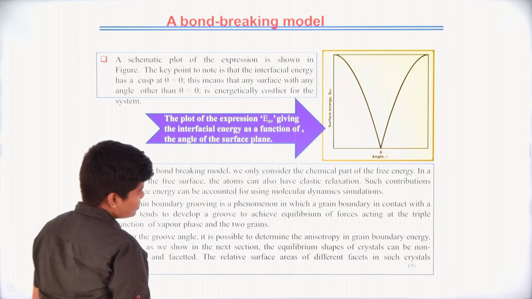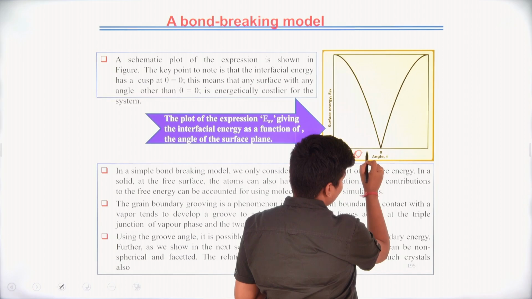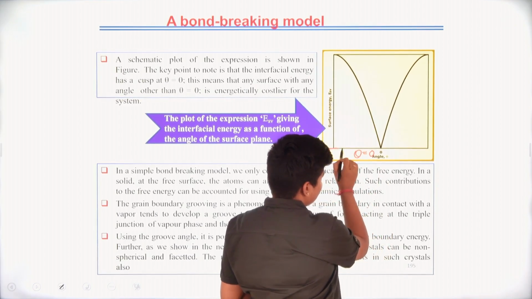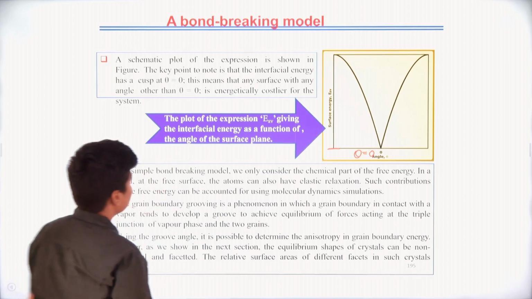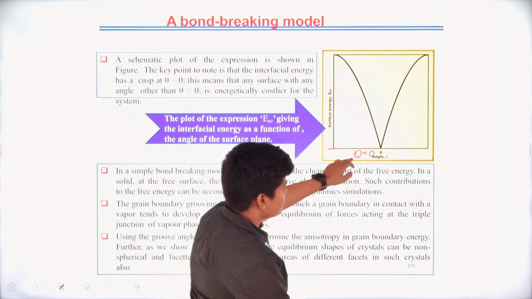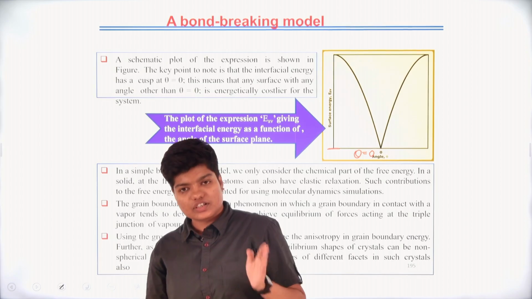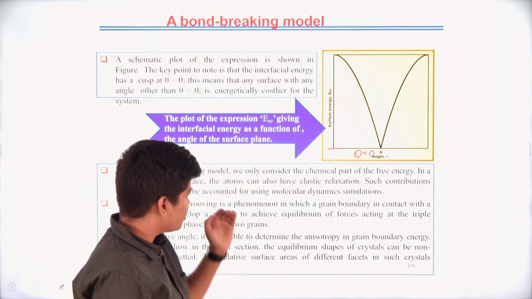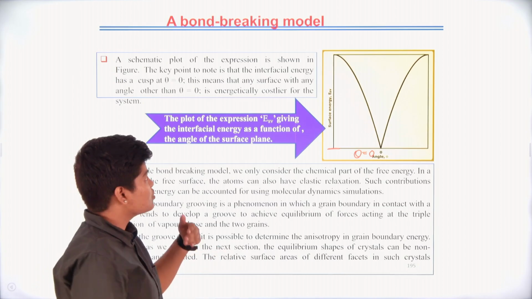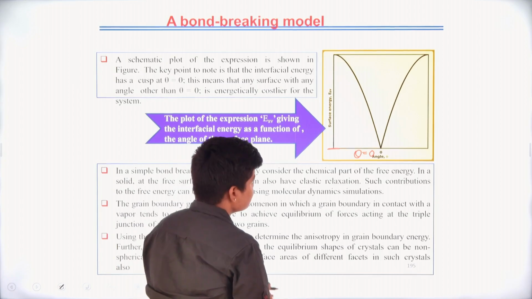As you can see, at theta equal to 0, the interfacial energy is at a minimum. At any angle other than theta equal to 0, the energy is more positive than at theta equal to 0.